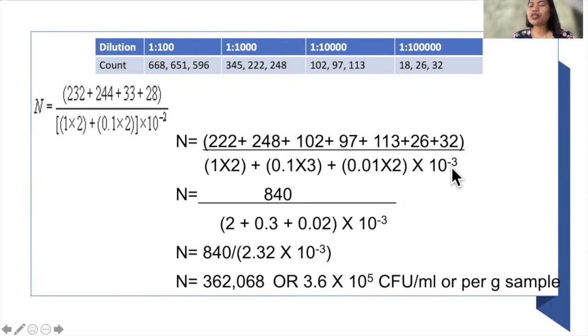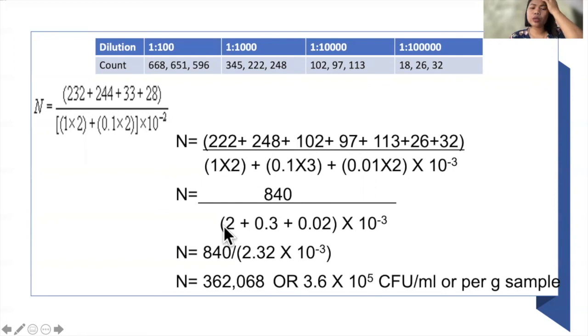And since the plates that were taken from the first countable dilution is galing dito sa 10 raised to the negative 3, we use it here, 10 raised to the negative 3. So the total colonies is 840.